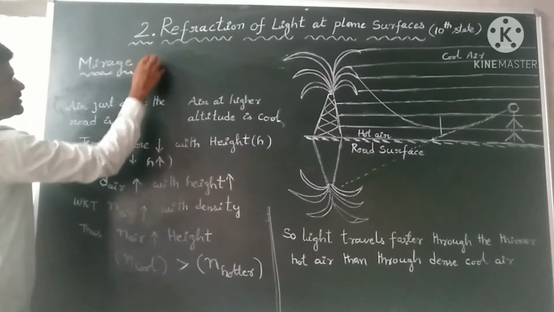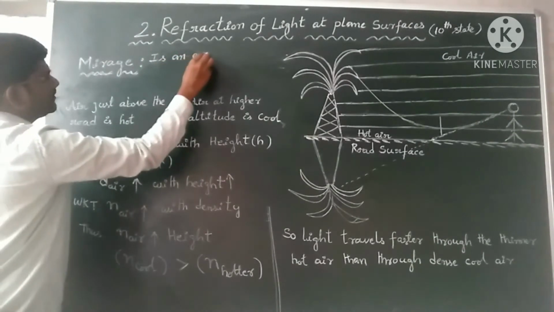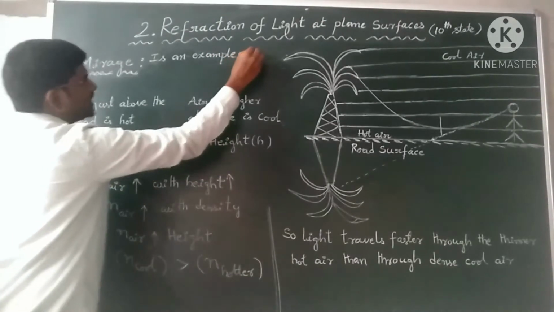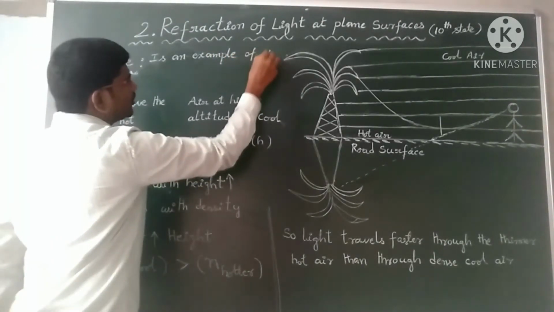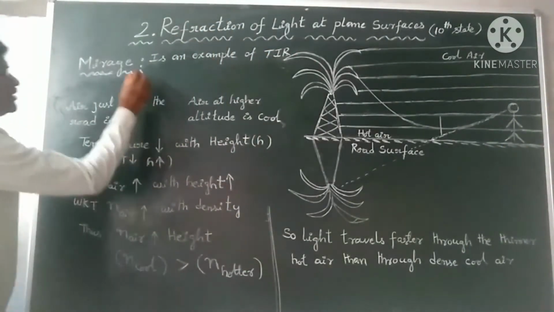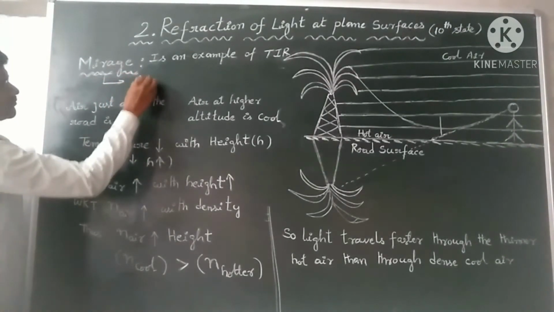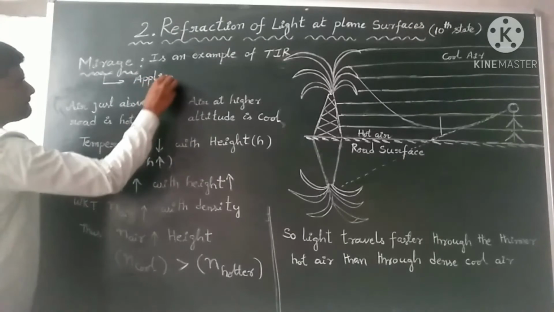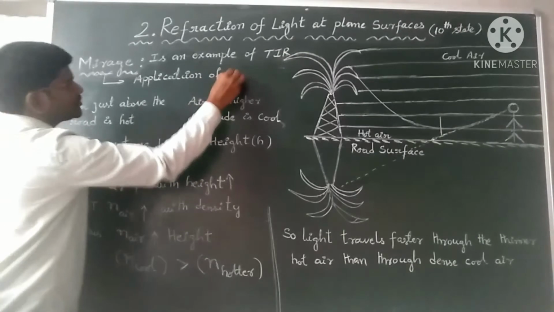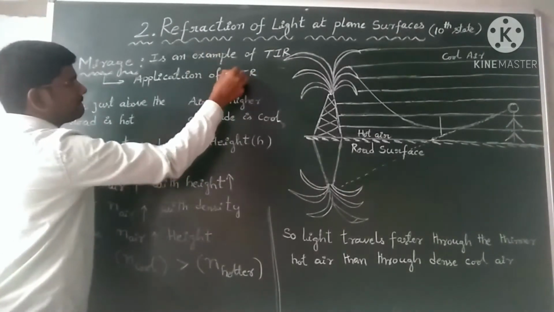This mirage is an example of total internal reflection. Or you can also say that this mirage is an application of total internal reflection.